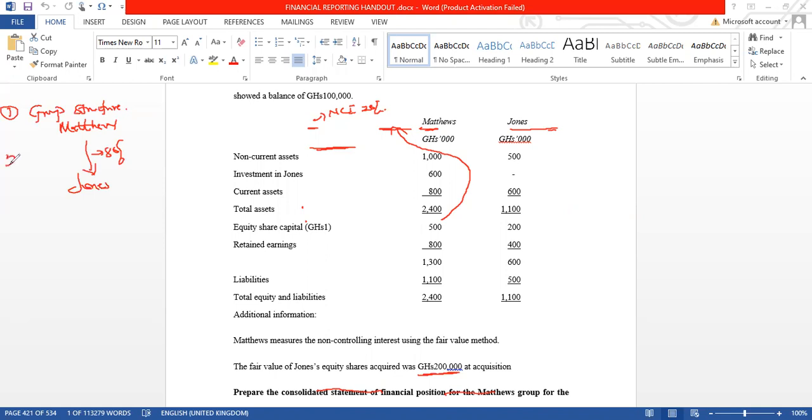Time of acquisition, 2 years. You've done this, you get your take. It's as simple as that. You don't need to go on to your sheet and write the fair value of net assets of subsidiary. You have at acquisition, at reporting, you have post acquisition.